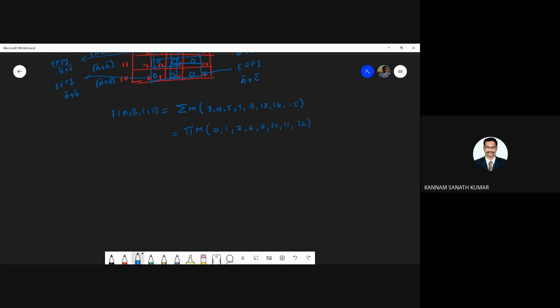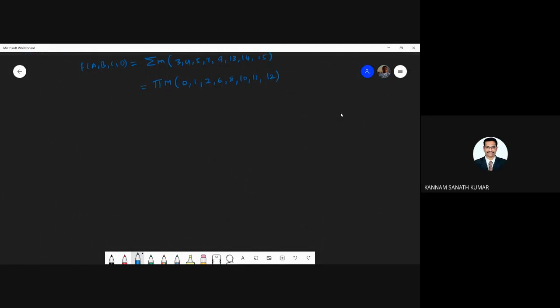Okay, so if you draw the K map for this, this is AB and this one is CD, 0 0, 0 1, 1 0, 1 1 and 0 0, 0 1, 1 0, 1 1.